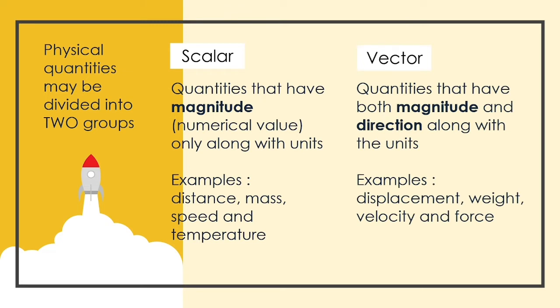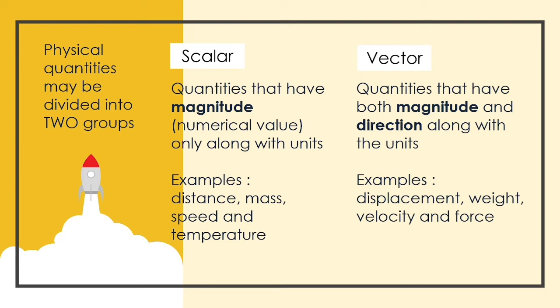For vector quantities, there are quantities that have both magnitude and direction along with the units. This means if you want to describe a vector quantity, you need to give the value that is a magnitude, the unit, and the direction of the quantity. For example, to describe a body velocity completely, we will have to mention its magnitude and direction.